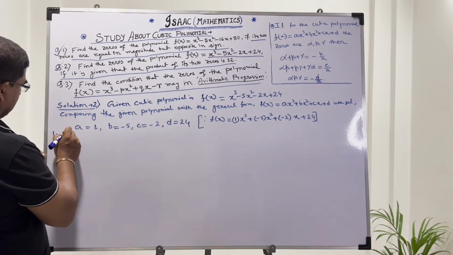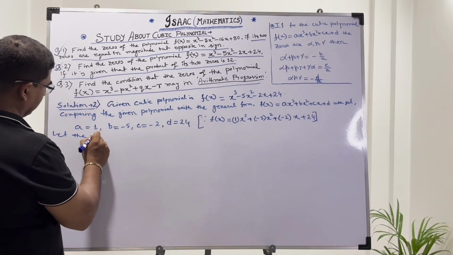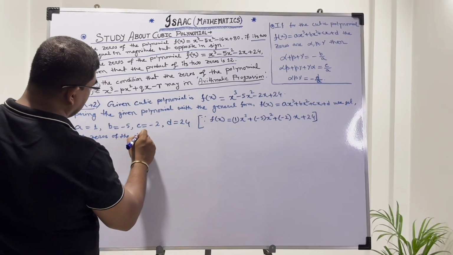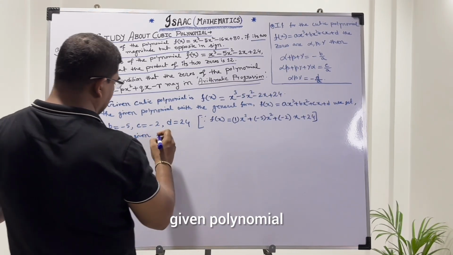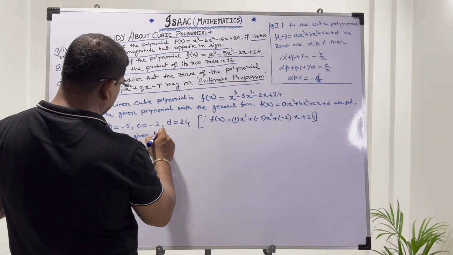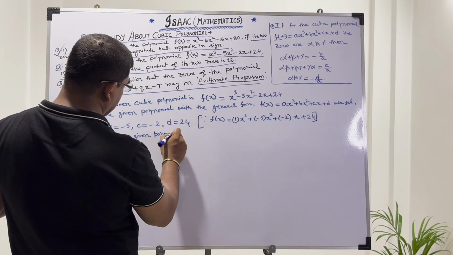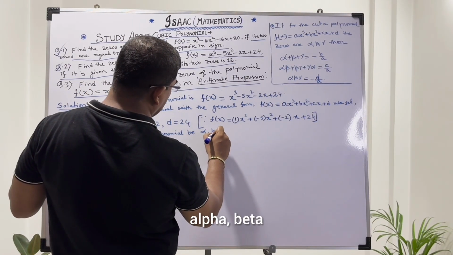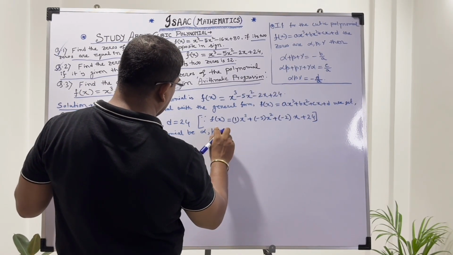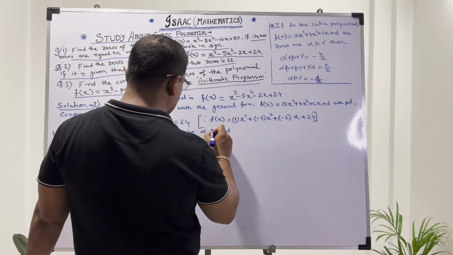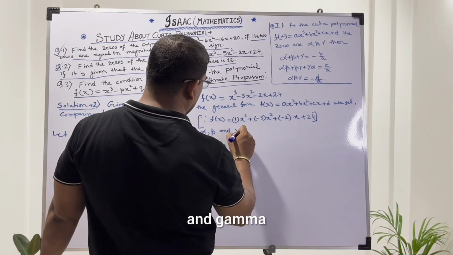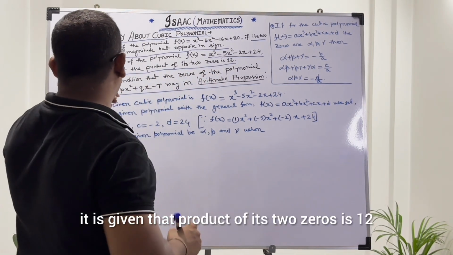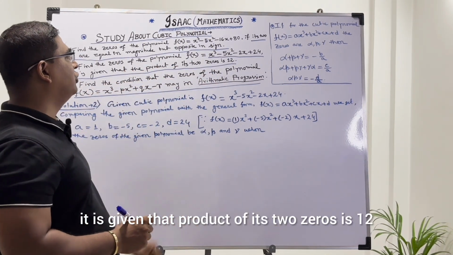Let the zeros of the given polynomial be alpha, beta and gamma, where it is given that the product of its two zeros is 12.